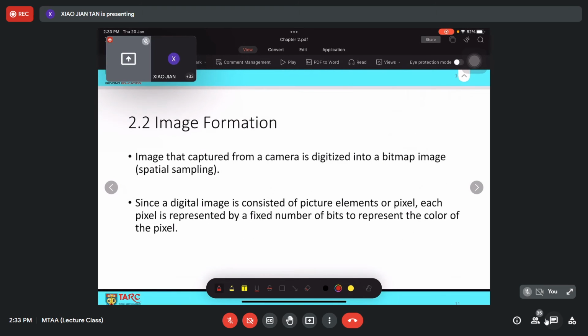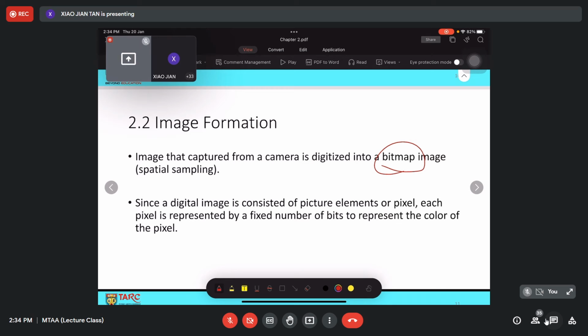Okay. Image formation. An image captured from a camera is digitized into a bitmap image through spatial sampling. As I mentioned before, in Matlab we only process bitmap images, and the bitmap image is very important for us to perform image pre-processing, post-processing, image segmentation, and so on.